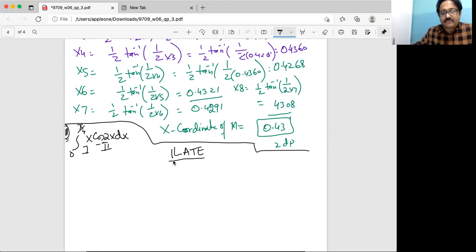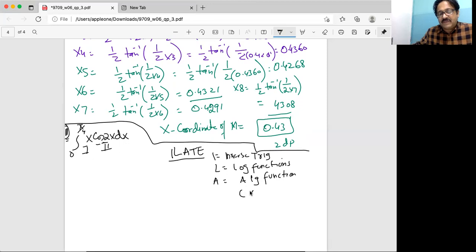I is for inverse trigonometric functions, L is for log functions, and A is for algebraic functions.